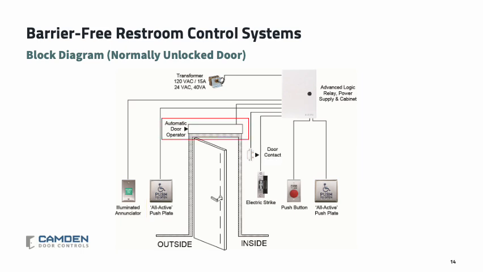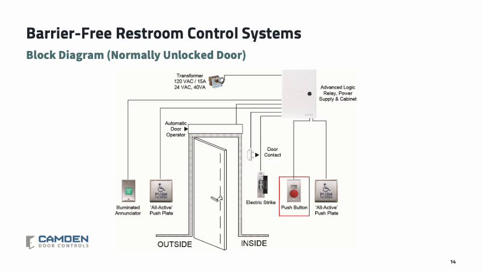That then tells the automatic door operator to open the door, and the door will close automatically after the occupant enters the room. When the door closes, the door contact circuit will close, telling the controller that it is now able to lock the door.